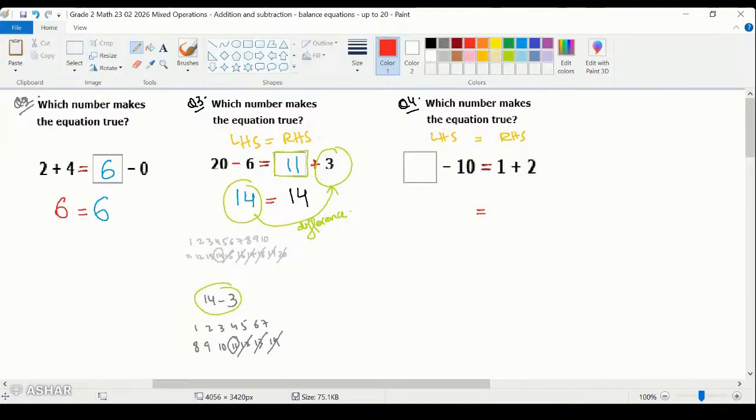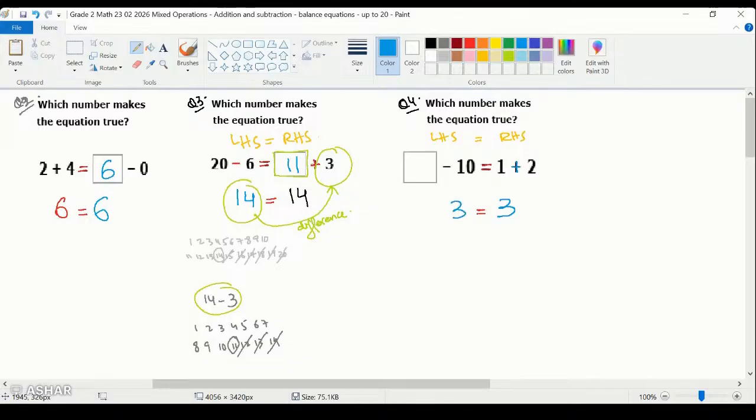We know that 1 plus 2 is always equal to 3. That means if the right side is equal to 3, then the left side should also be equal to 3. Agreed? Then this should also be equal to 3.